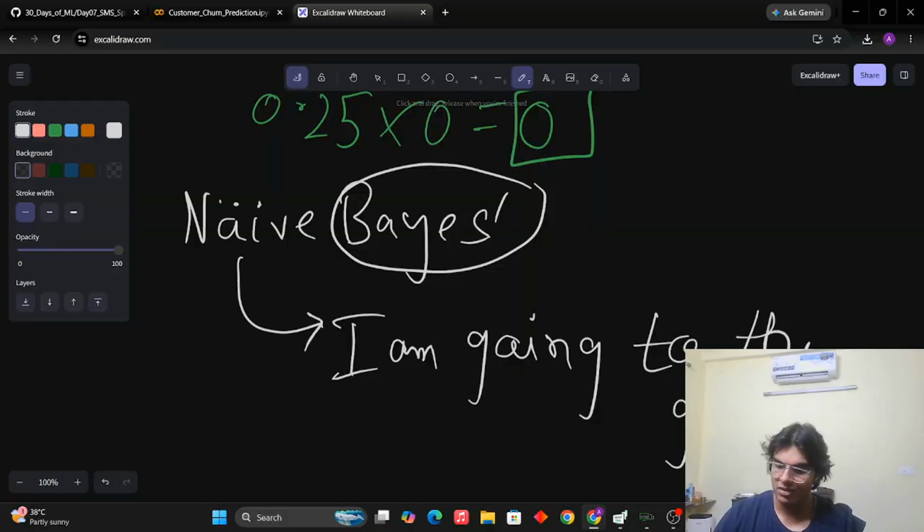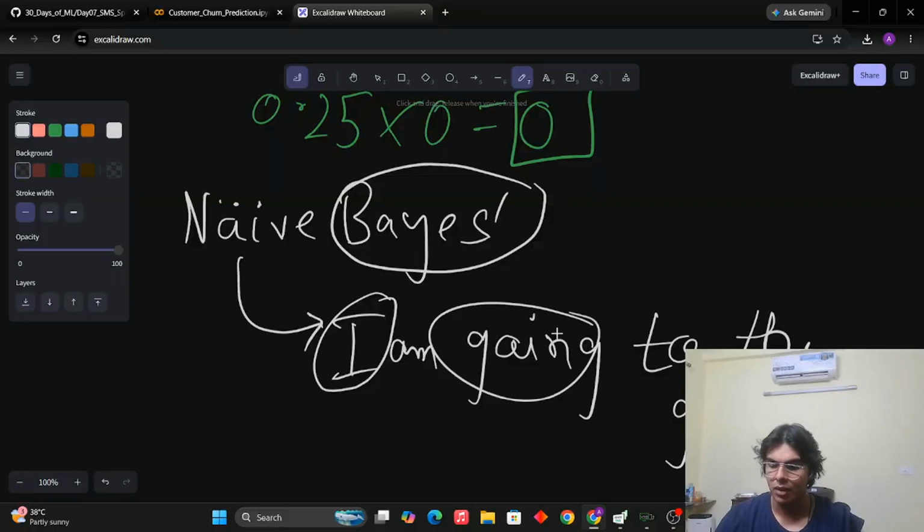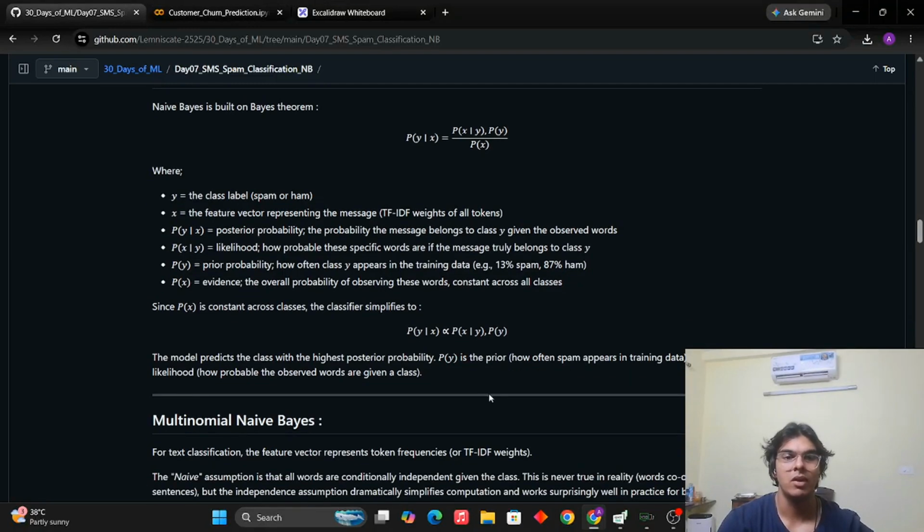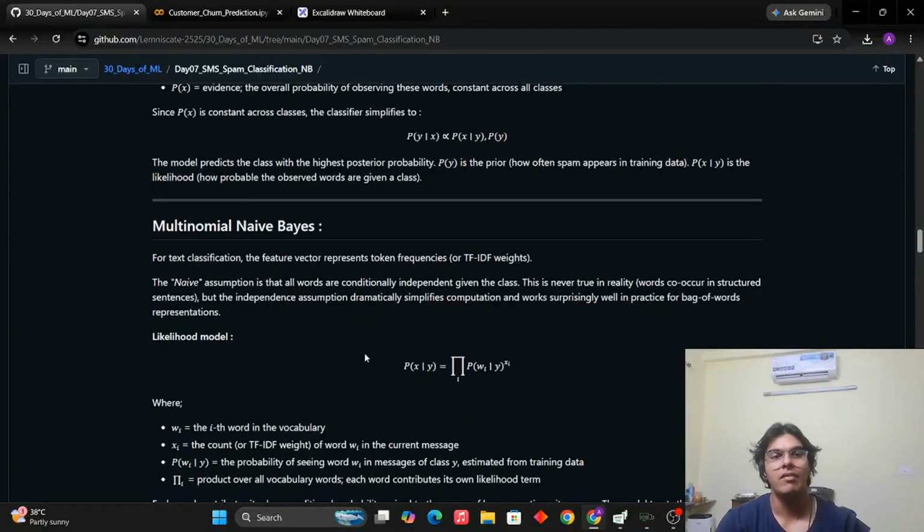In this case, what we are saying is that the probability of one word is independent of the other. This is what the naive Bayes classifier assumes. So the probability of the occurrence of the word "I" is independent of this word or this word or this word. This is the naive assumption in the naive Bayes classifier. Okay. It's a very popular question because it is an obvious one. Why do we even assume it?